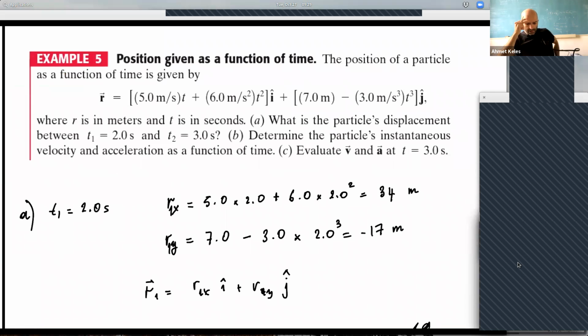The position of a particle is given as a function of time: some a times t plus some b times t squared i hat, plus some c minus some d times t cubed j hat, where r is in meters and t is in seconds. What is the particle's displacement between t equal to 1 and t equal to 2 seconds?